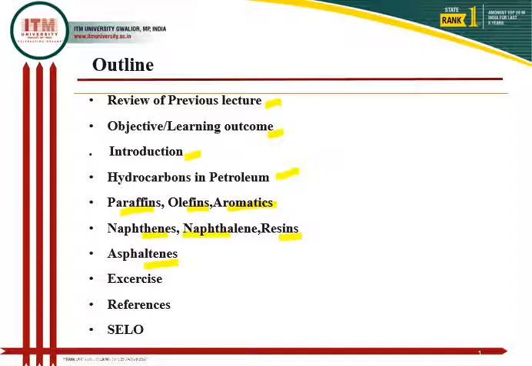There is an exercise after finishing the topic, the references and resources, and SELO. SELO is the Student Effective Learning Outcome. So after this lecture, the learning outcome that we have decided should be fulfilled.